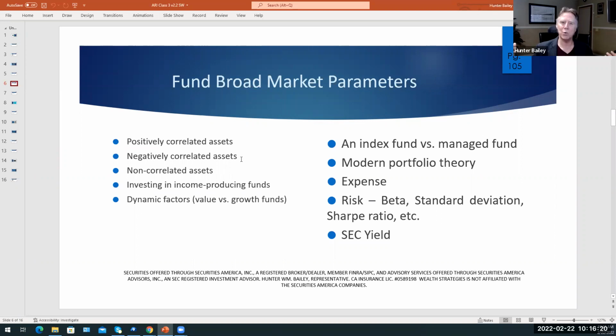If it goes down 20, I lose 20. Some people say, no, no, no, I'm retired, close to retirement. That's too much volatility. So maybe along with an S&P 500, which is down 9%, maybe we want some negatively correlated assets that are the opposite or less.